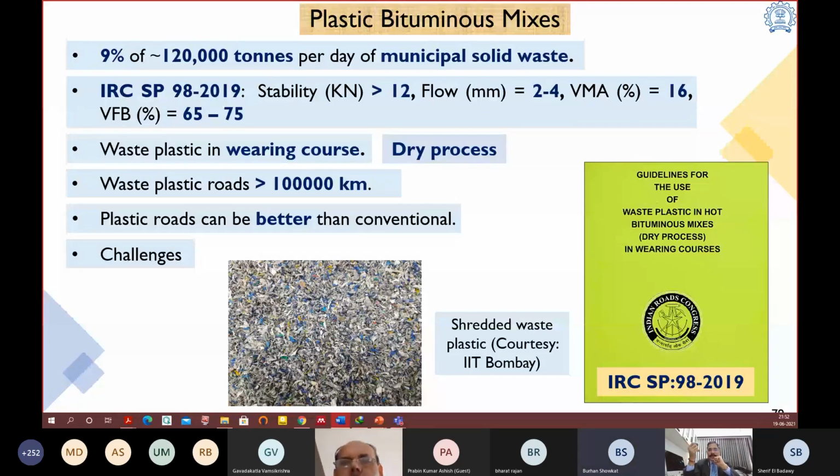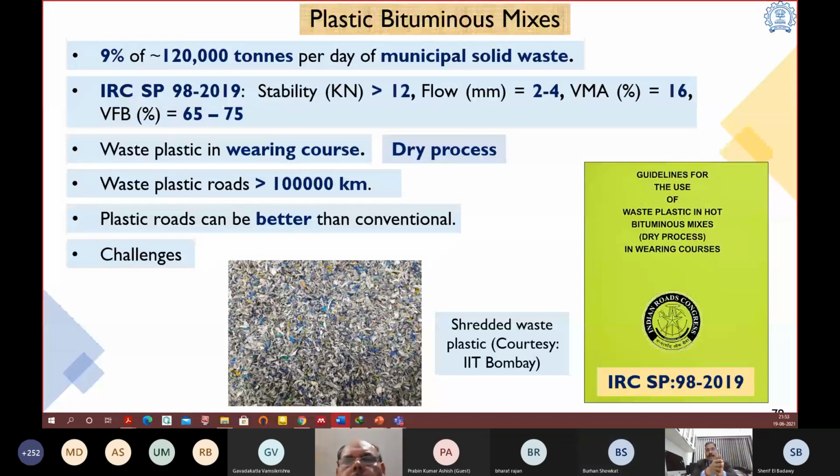You need to collect the plastic, first of all segregate it into different types, then wash it, then shred it. Then how do you inject it into the plant? It is very critical. I have seen some people using the drum mix plant with the plastic on the belt, just putting it in by hand and assuming that it is going in.